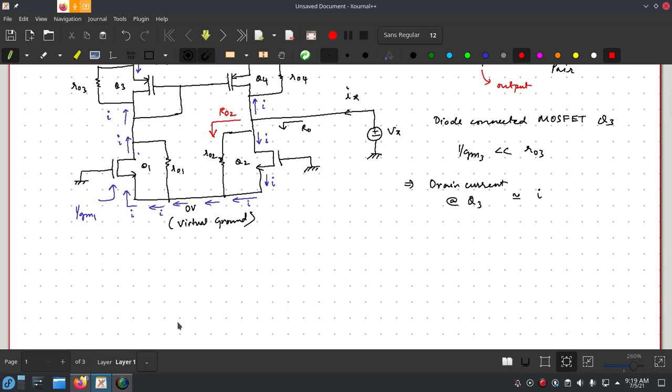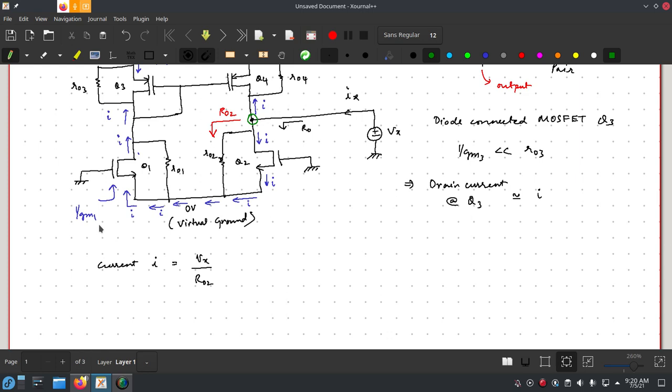So this current I can I write as Vx divided by R02, because the voltage at this point is Vx.